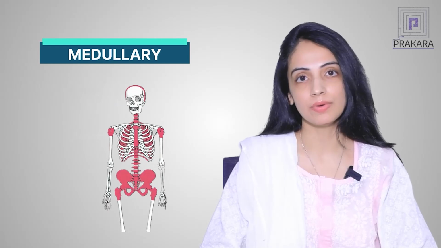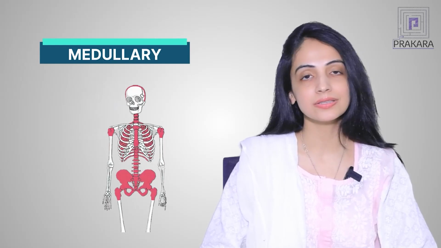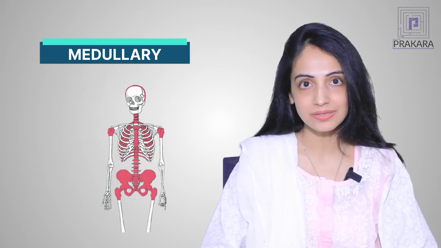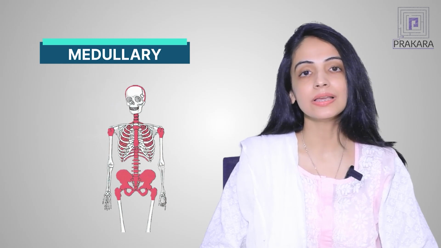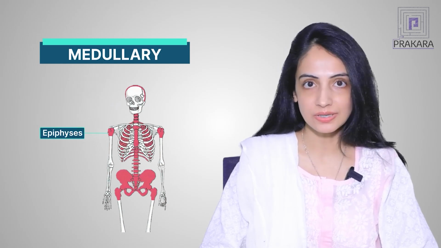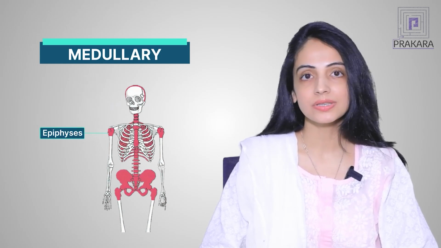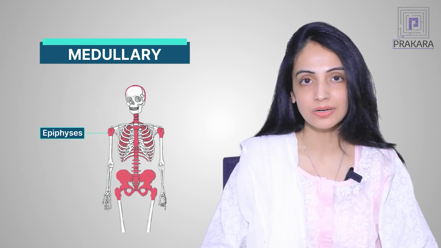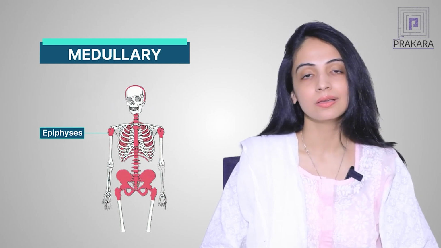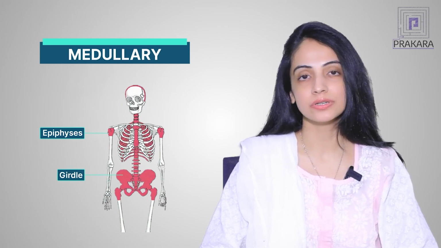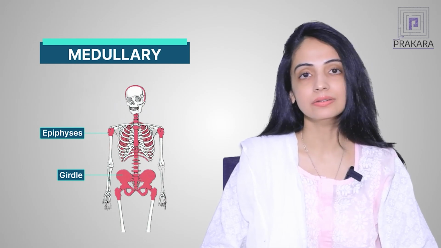So, medullary hematopoiesis occurs in the red bone marrow of the bones of the axial skeleton, such as the proximal ends of the epiphysis of long bones such as the femur and humerus, the pelvic and shoulder girdles, and the sternum.